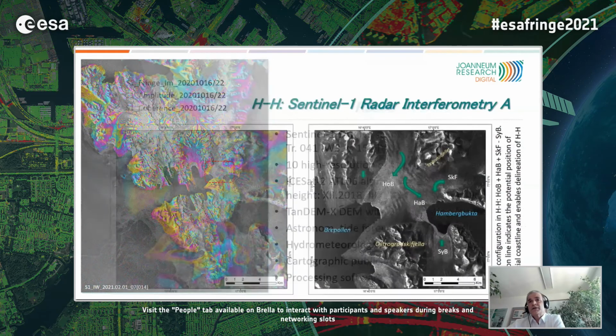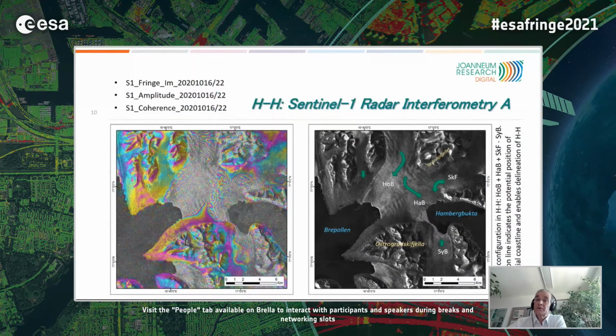And this set of standard interferometric products, including fringe amplitude and later coherence image, dated October 2020, represents the ice flow direction in the area and the composition of the ice bridge from the main glaciers composing this bridge.